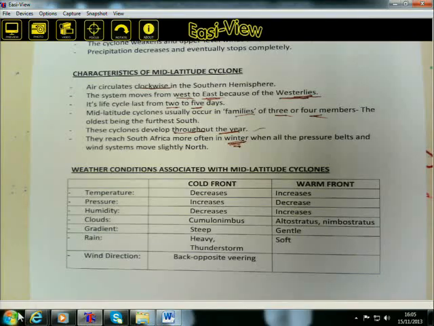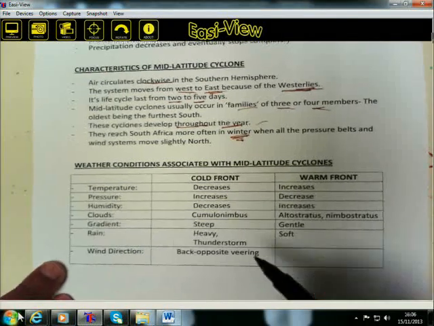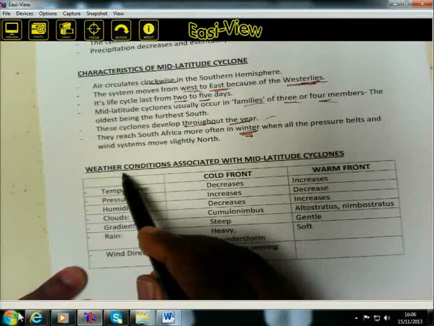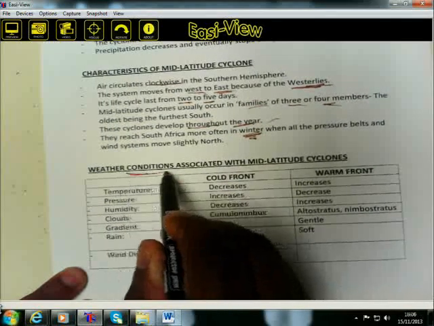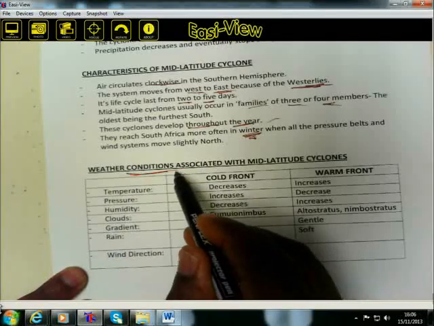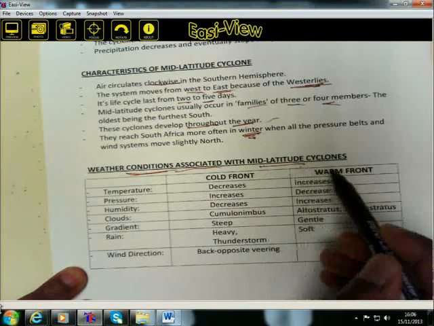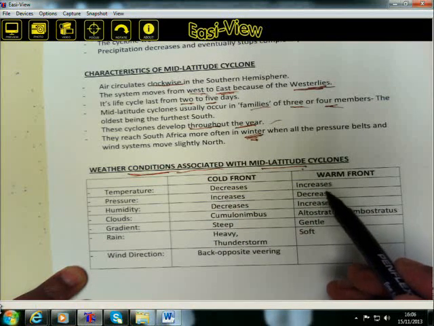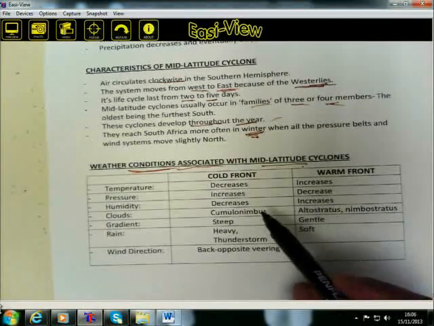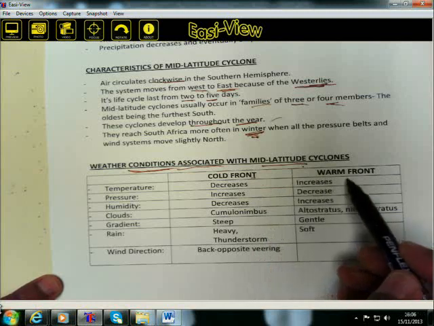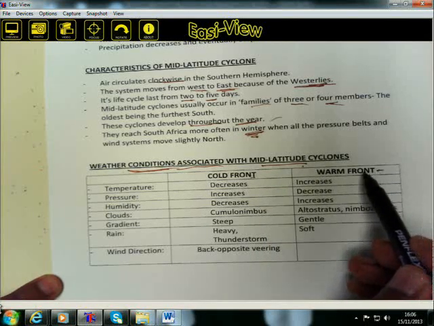Let us look into the weather conditions associated with the mid-latitude cyclone. We are having the cold front here, and then we are having the warm front there.